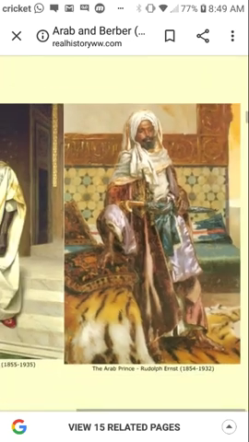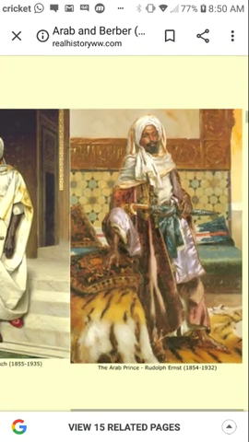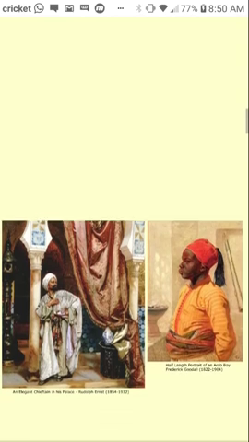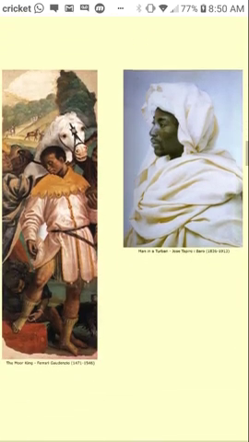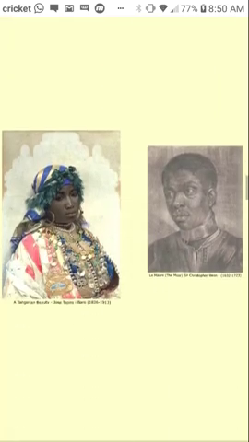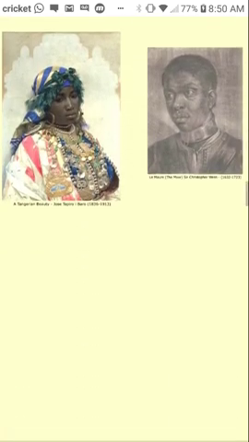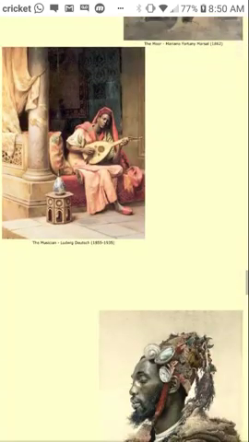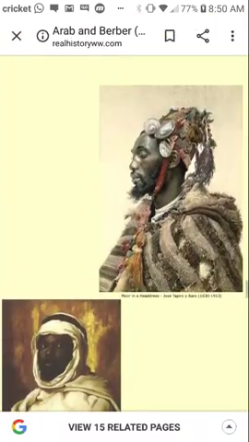Okay, let's make this a little smaller. The Arab Prince. Notice Arabs were black people. Okay, moving down. And you can just keep going through all the different pictures. Man in turban, the Moor king, etc. Tangerine. Okay, this goes through everything. This is one of my favorite pictures here.